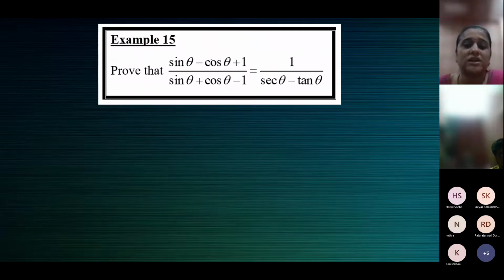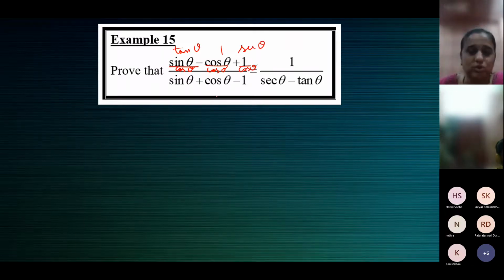Now let's check that. Divide the numerator by cos theta. Sine theta by cos theta is tan theta. Cos theta by cos theta is 1. And 1 by cos theta is equal to secant theta. See that? You should do the same thing in the denominator. Divide both the numerator and the denominator by cos theta, which means you have to divide every term in the numerator and every term in the denominator by cos theta.